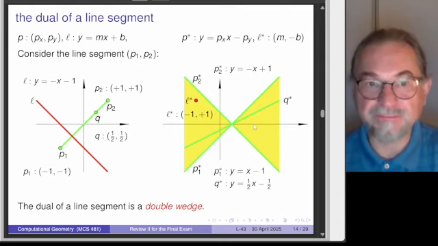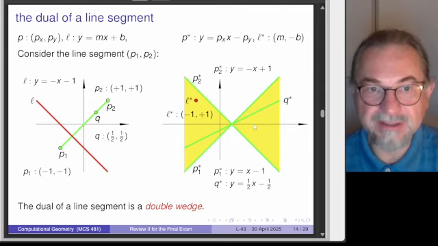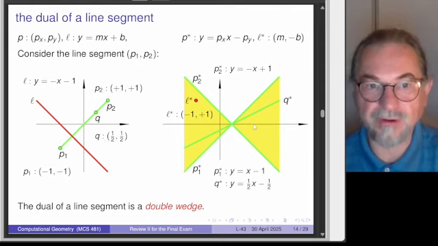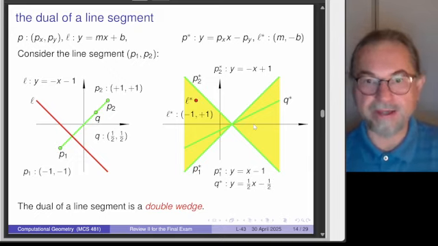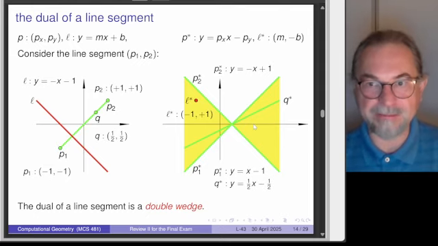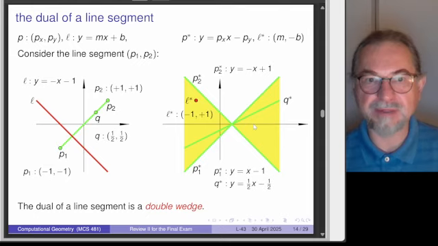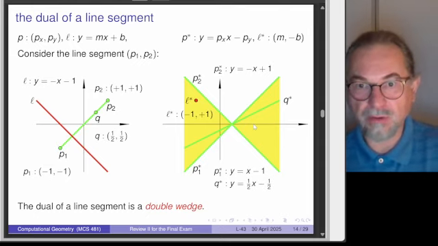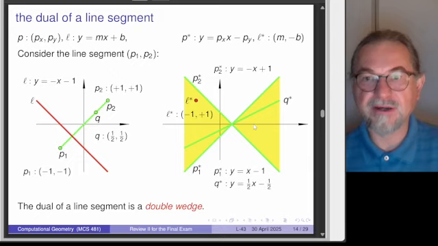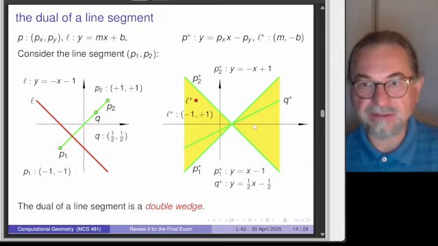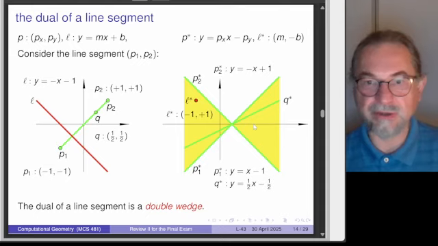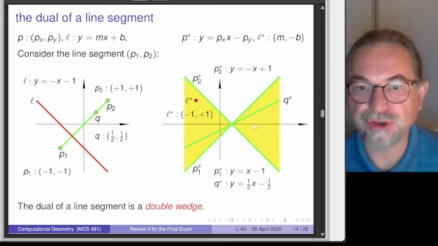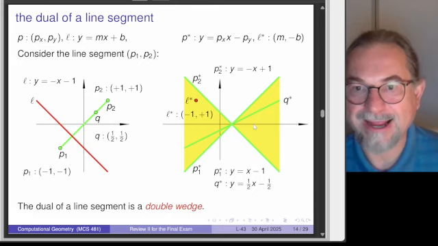We defined the dual of a line segment as the double wedge. For any point on the line segment in the dual, we consider all the lines through the common point, where the slope ranges, in the example, between -1 and 1.